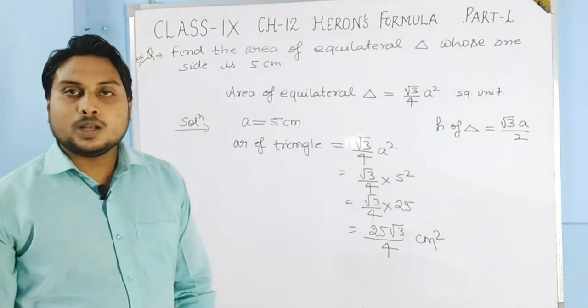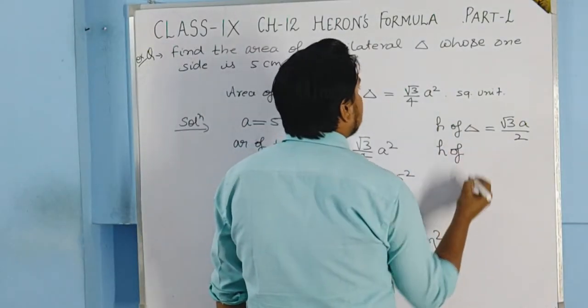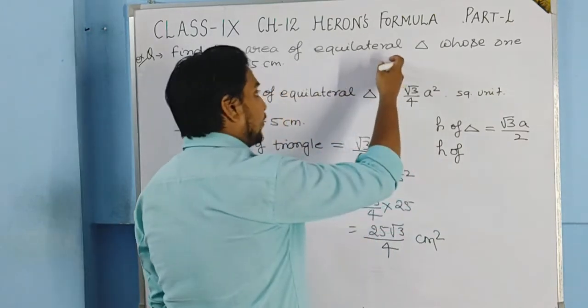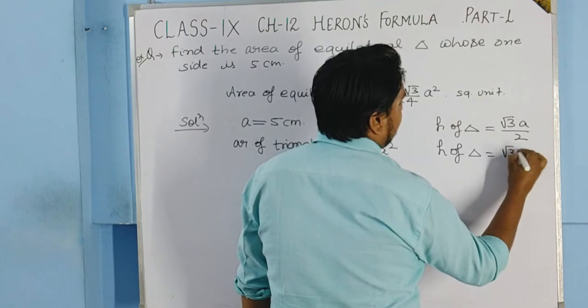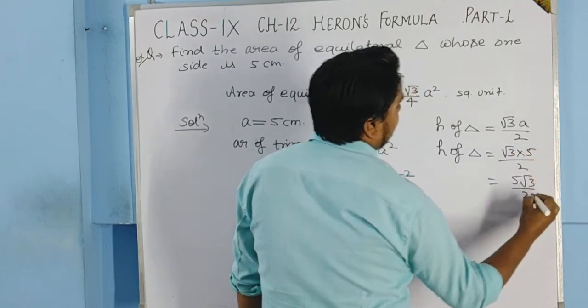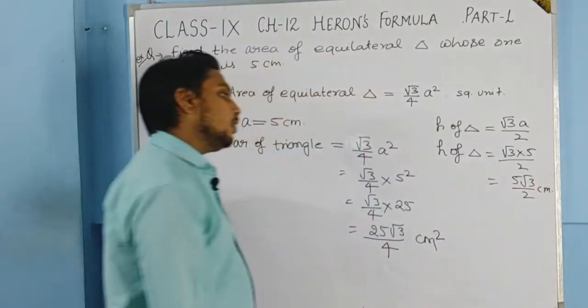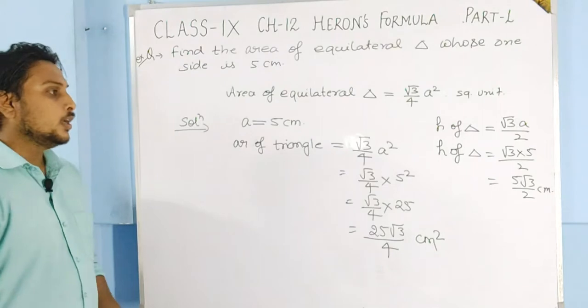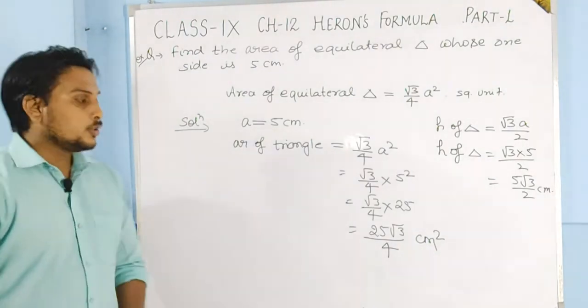This was the formula for the height of the triangle. If the question asks for the height, you can apply this formula: root 3 into 5 upon 2, meaning 5 root 3 by 2. Height will be in only units, because it is a length, so you will write only length. Students, you can note it down.